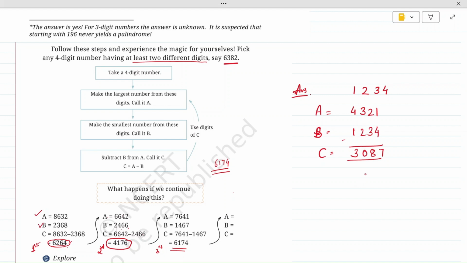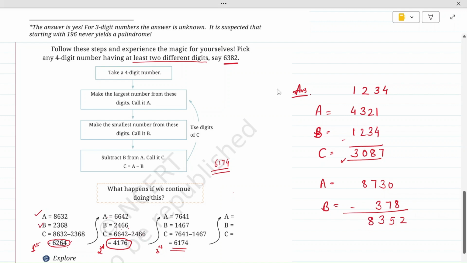So what will we do next? We will again take this number 3087, and from this we will find the biggest number, which will be 8730, and the smallest number, which will be 378. Now let us find the difference. This is 10 minus 8, 2, 12 minus 7, 5, 6 minus 3 is 3, and 8.